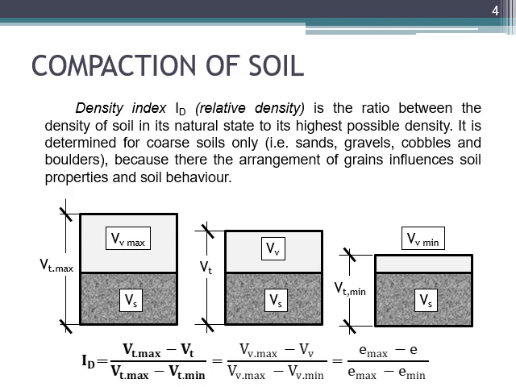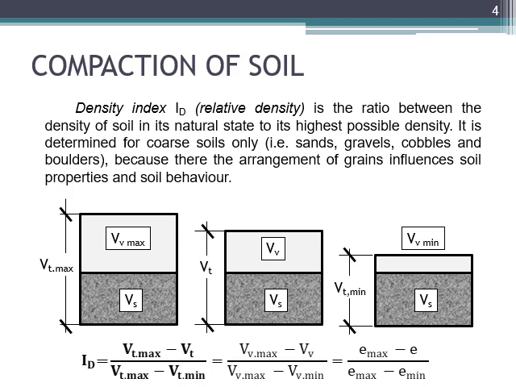Now, if we are talking about the coarse soils, so sands, gravels, and so on, then the soil state is best described by the state of compaction of this soil. And the parameter that we are using here is the density index ID. Sometimes we call it relative density.